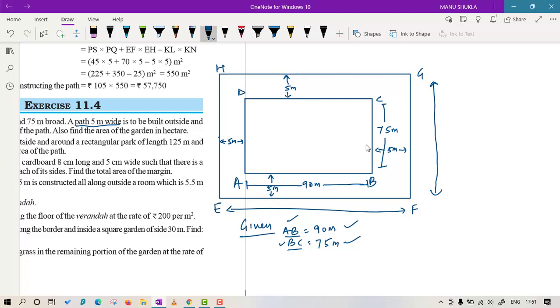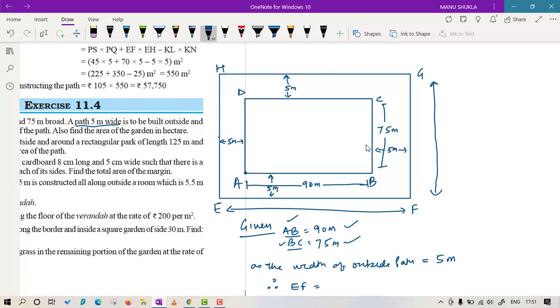Let me write. You can write: the width of the outside path is equal to how much? 5 meters. Therefore, we can realize now that EF. Now you have to realize what EF actually is.